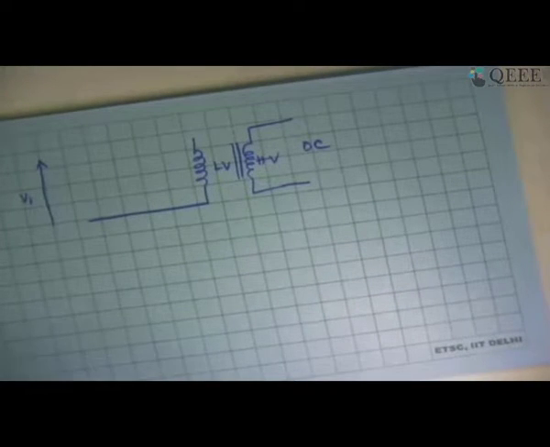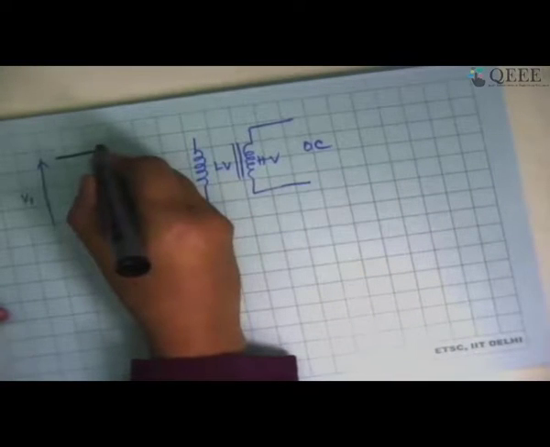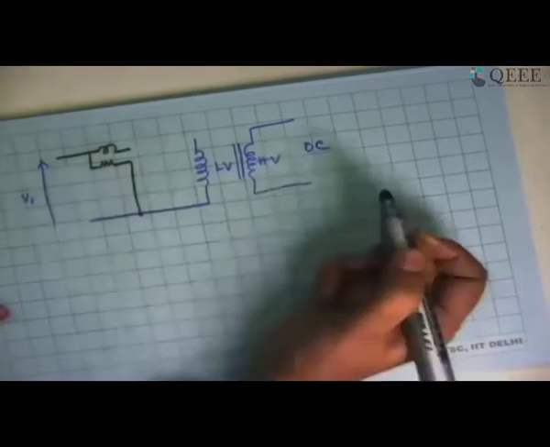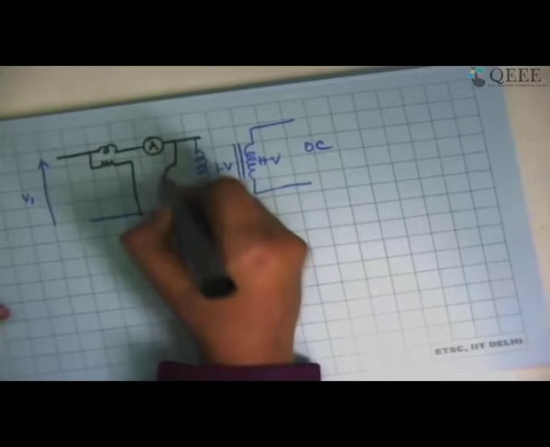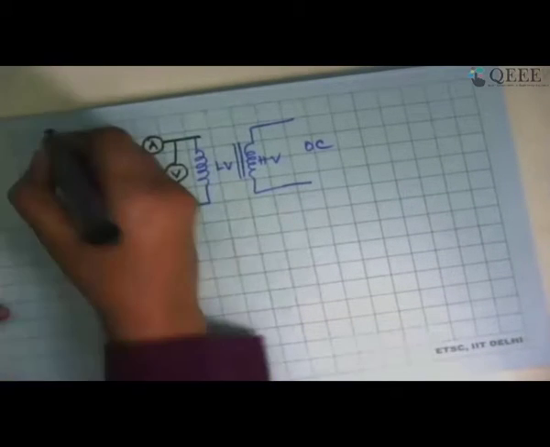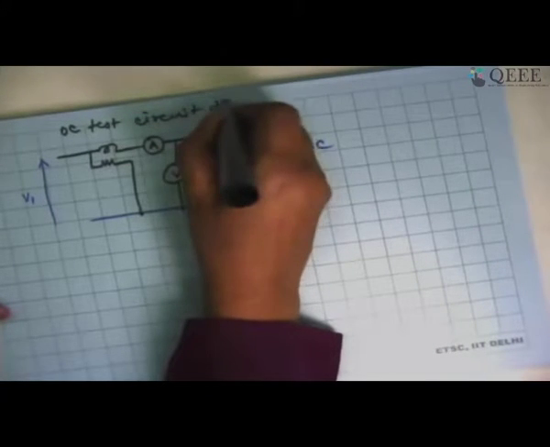I'm not going to really connect any load on this. Now this is applied to the primary of the transformer through a wattmeter. So I'm showing a wattmeter here with current coil and voltage coil, and I'm going to have an ammeter, and I can put a voltmeter here to measure the voltage. So this is the OC test circuit diagram.